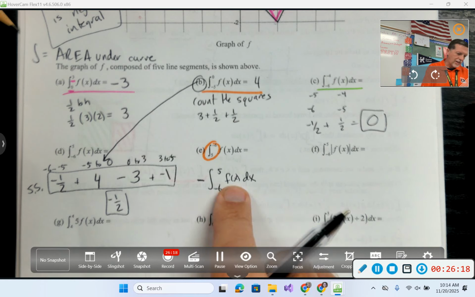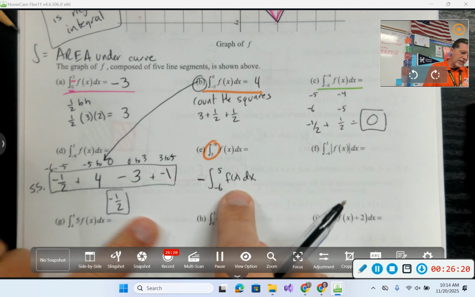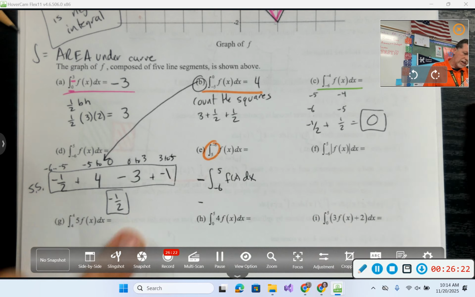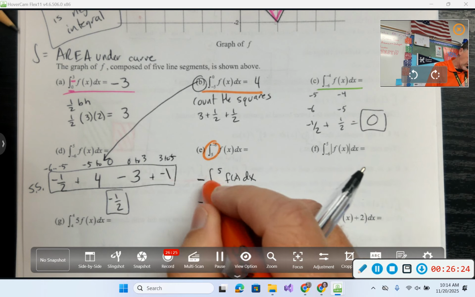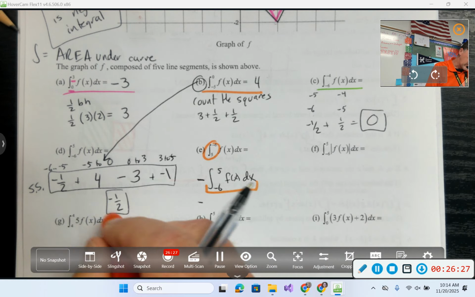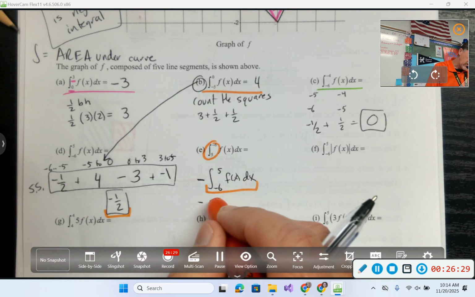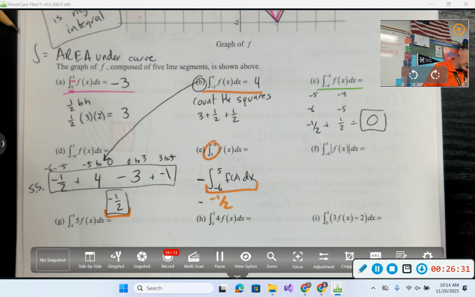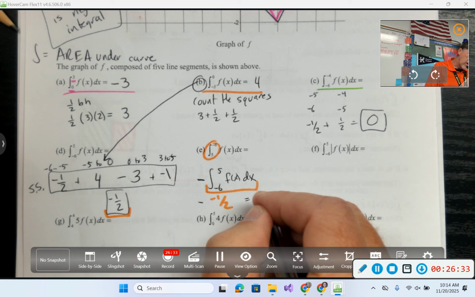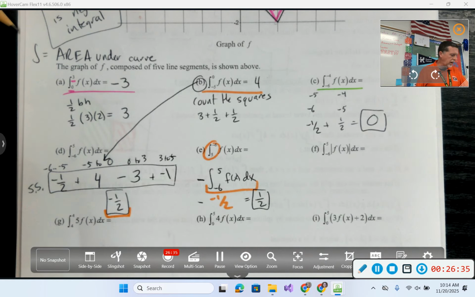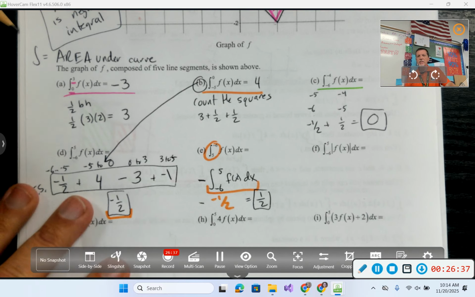Okay, now that answer that's actually the answer to part D. That is what we just found. So negative 1/2 would be a positive 1/2.